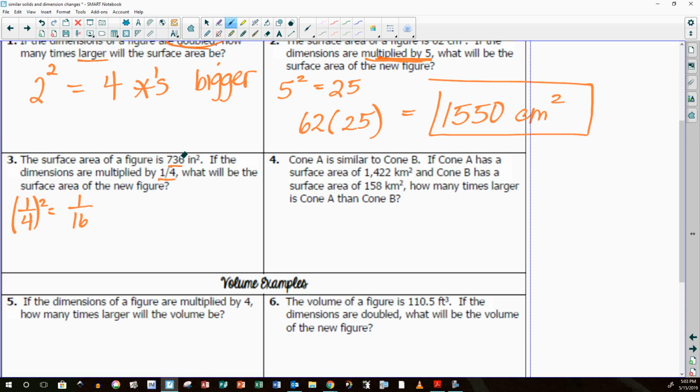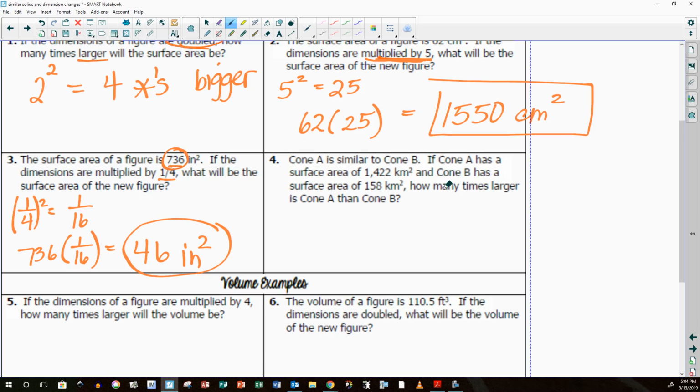Now you take your original area, 736, and multiply it by 1/16. So 736 times 1/16 means 46. So that would be 46 inches squared for your new area, because it is 16 times smaller now, since it's 1/16.